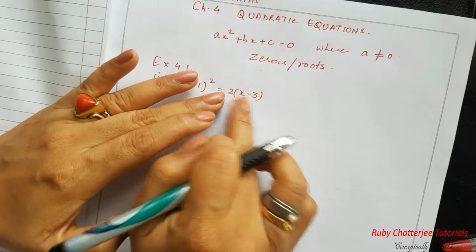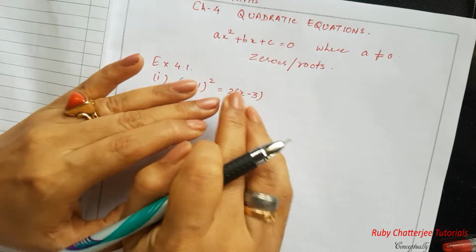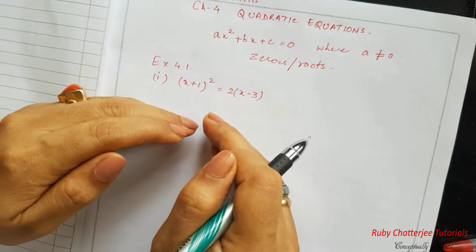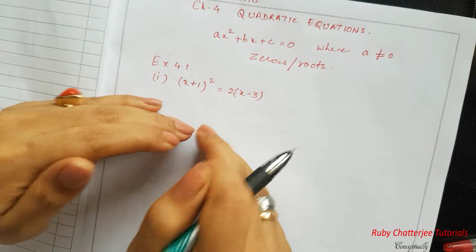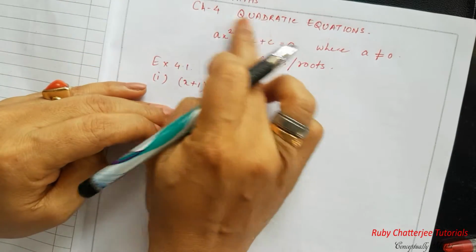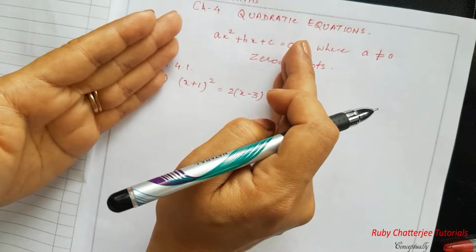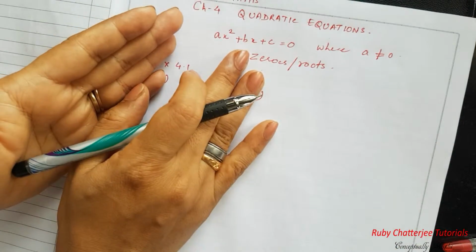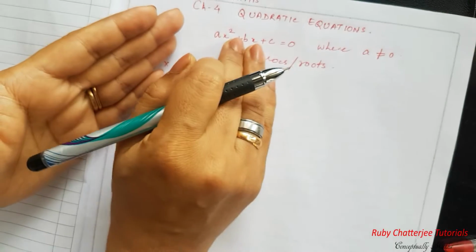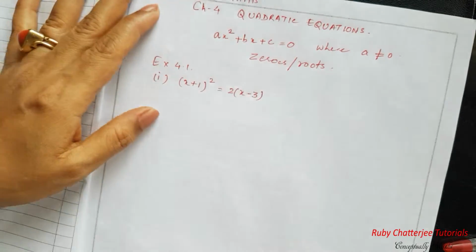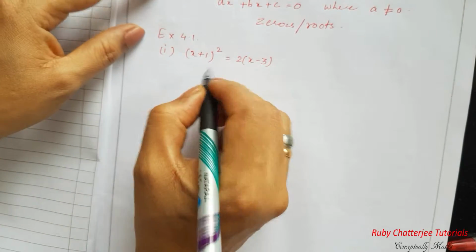And here also it is in the multiplication form. So we are going to simplify it further till we come to an expression form just like this, so that all the terms are separated from each other, and then we will decide whether it's a quadratic polynomial equation or not. So let us start simplifying it.